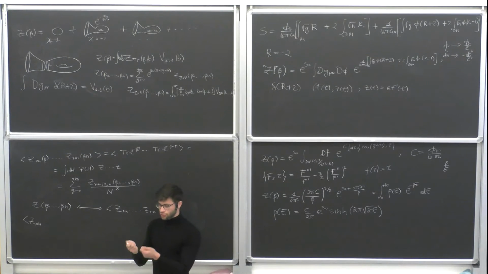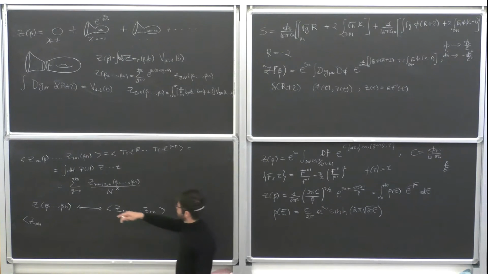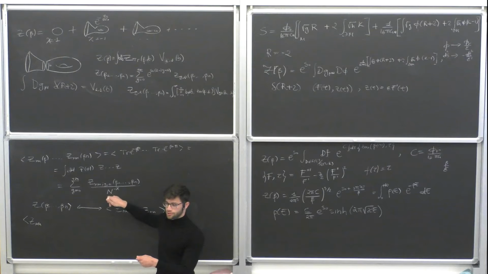In particular, what you need to do practically is select your matrix integral so that the spectral density at the disk level that you get in JT gravity is the same spectral density that you get in the matrix integral in the large N limit as the dominant contribution.